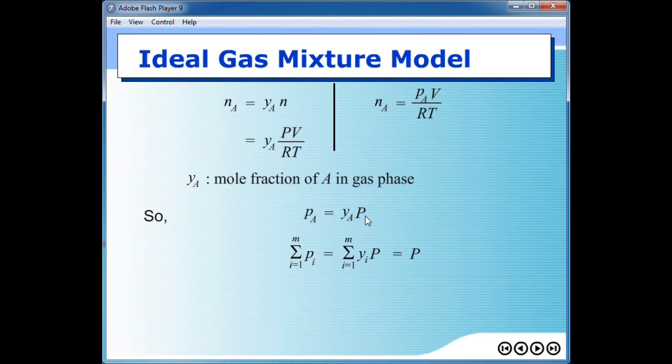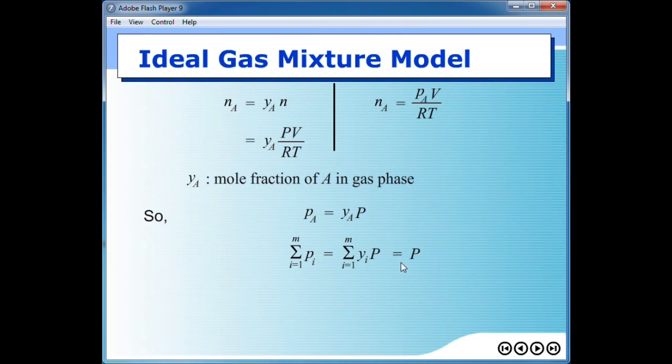And P, which is the pressure of the whole system, would remain the same regardless of which species you are interested in. So in the summation here, you can take P out, leaving only the summation of y, which is equal to 1 if you sum them for all species. So this term becomes total pressure.